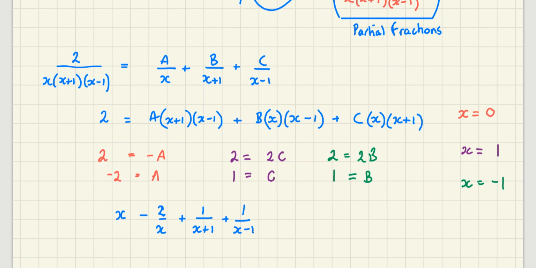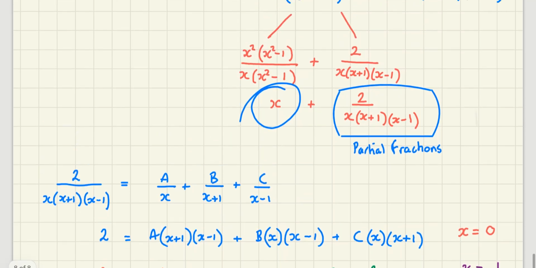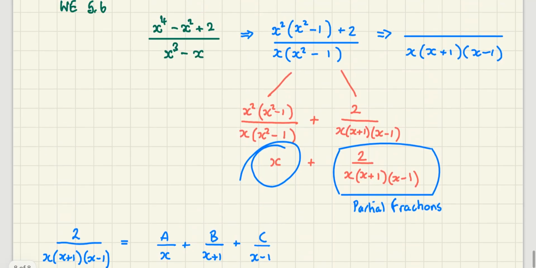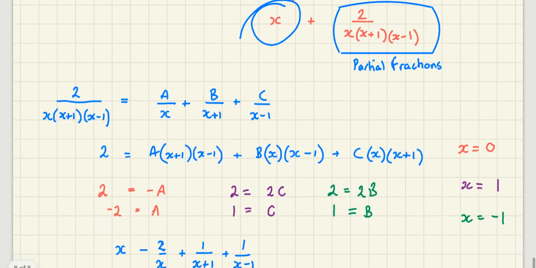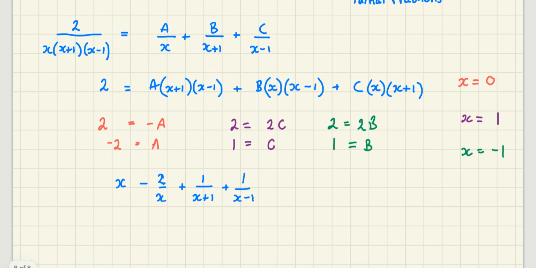So again, this that we started with is very difficult to integrate. We won't be expected to do it in that form. But once we've got it written in this form, all three of those will be very simple to integrate, right?